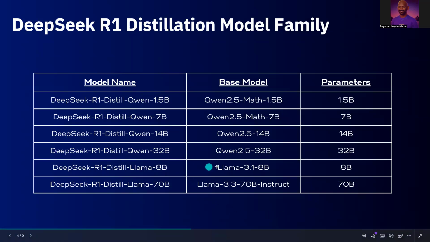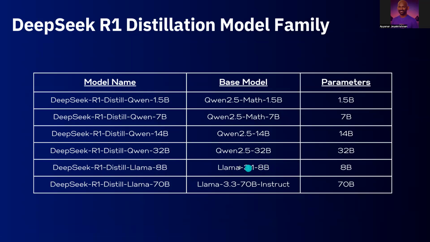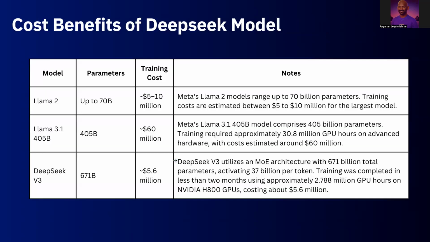If you look at the Llama model we are going to test, Llama 3.1 8 billion parameters is the base model, and this is the output of the distillation. The parent model is their DeepSeek model. They use this as a base model and train it, and this is a distillation model.